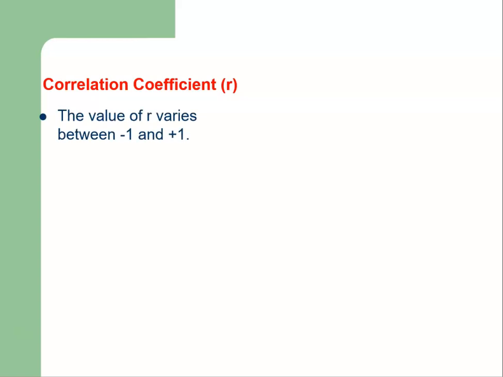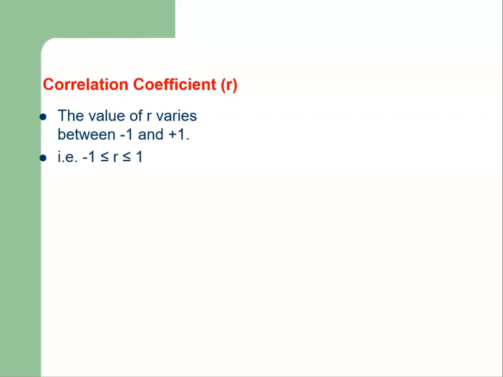Now here we will discuss the range between which the coefficient of correlation varies. So the value of coefficient of correlation varies between -1 and +1, and we can write this like this inequality: -1 is less than or equal to r is less than or equal to 1.